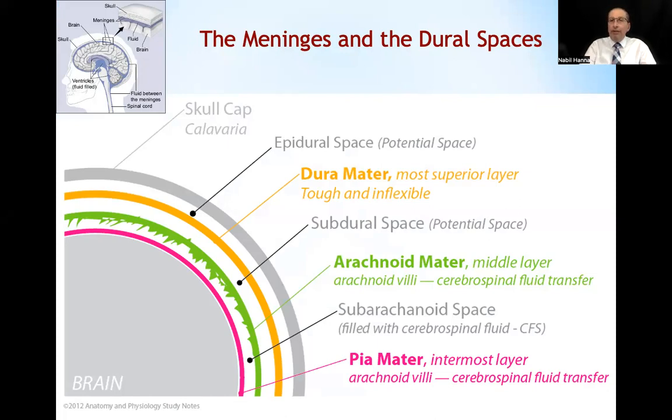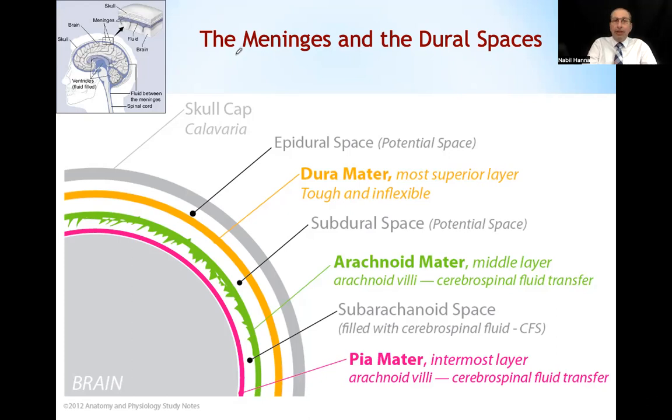So the brain and the spinal cord are very, very special and precious gifts from God to mankind. And every human being wants to protect this very precious gift, the central nervous system. So the brain and the spinal cord are wrapped in 3 layers of gift paper, if you will, and these layers are known as the meninges.